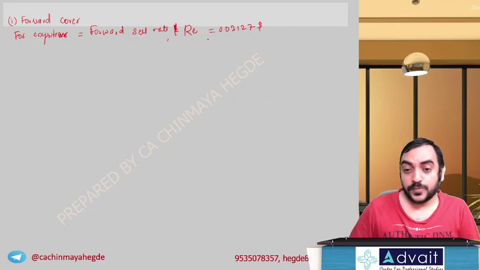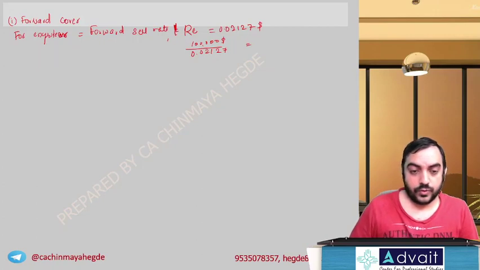So 1 lakh dollars divided by 0.02127. 47 lakh 1,457 rupees.